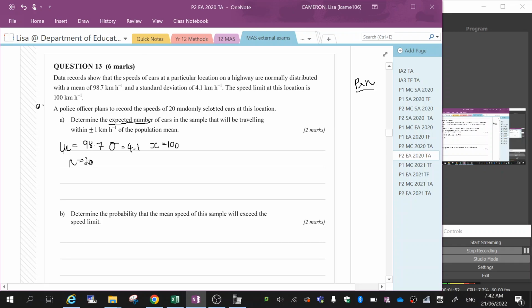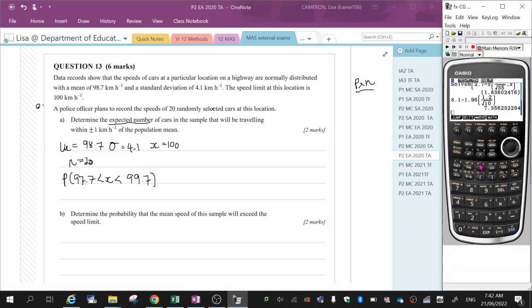So it's actually asking me to determine the probability. Now, if I add and subtract 1 from this number, I'll end up with 97.7 all the way up to 99.7. So we're testing the probability that it is between these. Now, this doesn't involve the formula that you've learned in Specialist. This is just going back to Methods as foundational knowledge, which is totally something they are allowed to do.